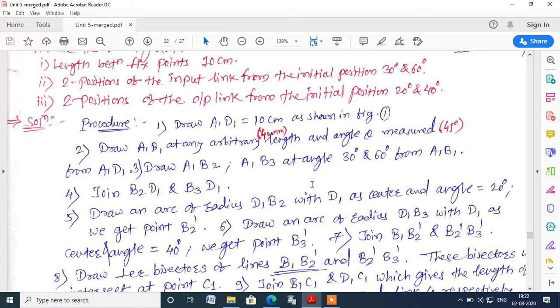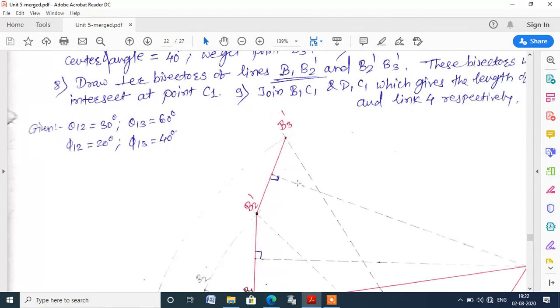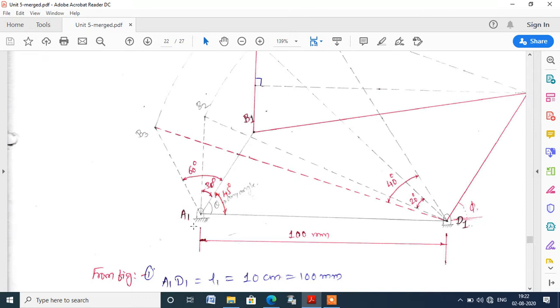Then draw A1 B1 at any arbitrary length and any arbitrary angle theta from A1 D1. So here I will show you. First draw a length A1 D1, that is a fixed length, 10 centimeter, that is 100 mm.